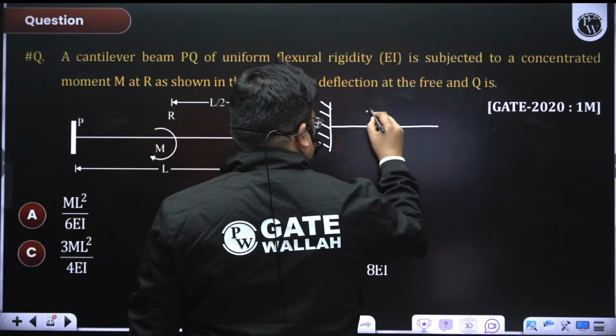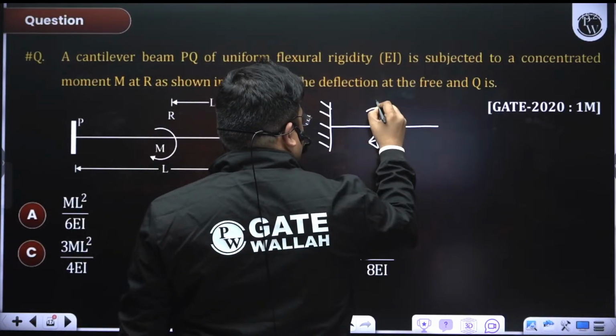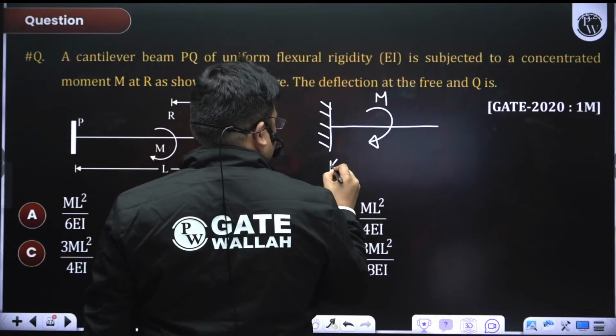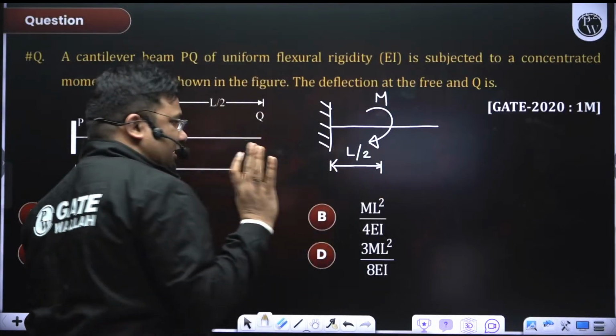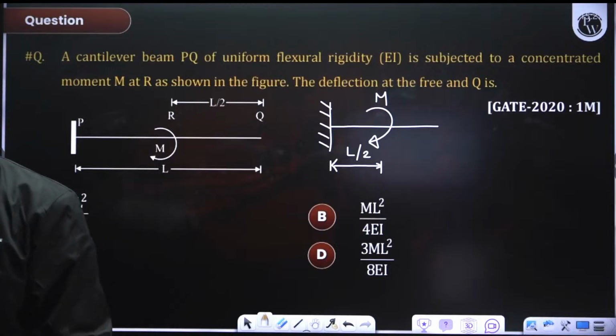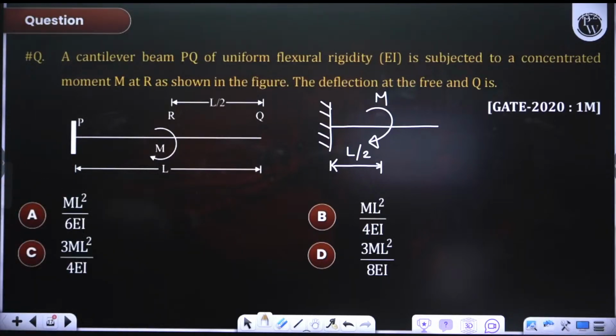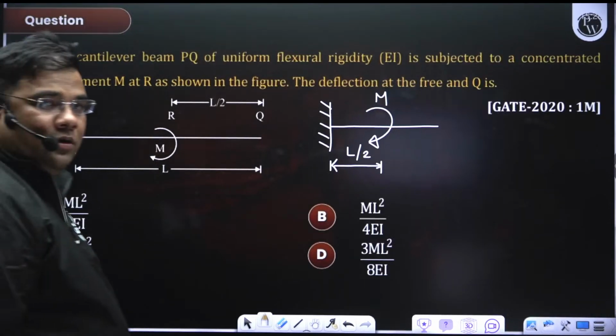So apply that and use. Again, if you know the standard formulas, you can easily solve this question. It's acting at L by 2. Now solve this question. Very straightforward, easy question, right? See, so fast you are able to solve.